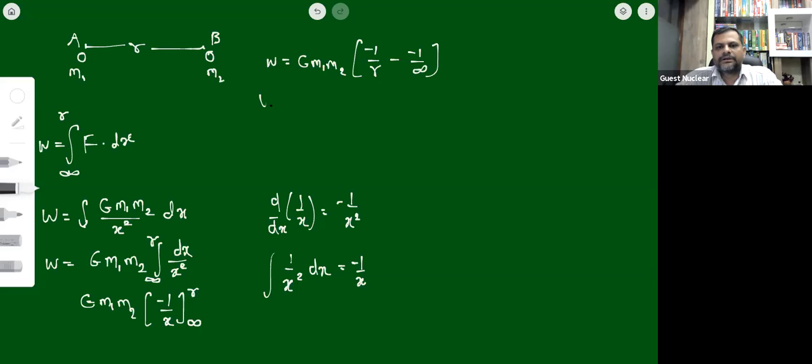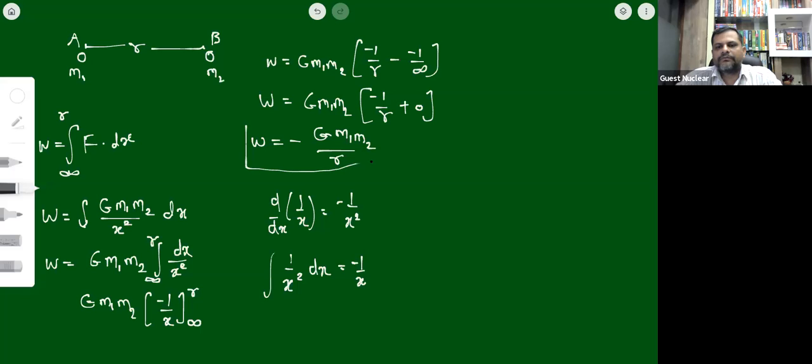That is going to be W equal to g m1 m2 into minus 1 upon r only, क्योंकि माइनस 1 अपॉन इंफिनिटी मतलब जीरो होता है, तो ये जीरो ऐड करो या ना करो उससे कोई फर्क नहीं पड़ता। इसलिए वर्क डन फाइनली हमको मिलेगा, minus of g m1 m2 upon r. This is going to be the formula for work done as a final.